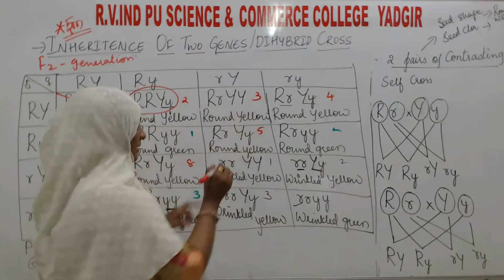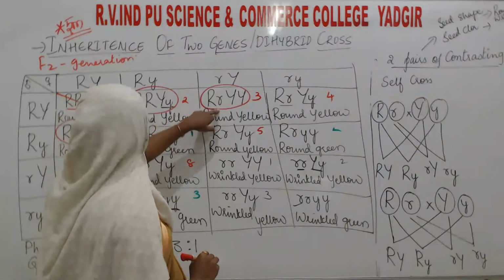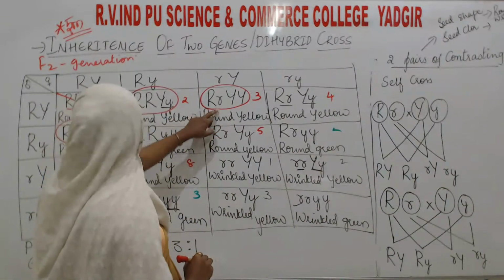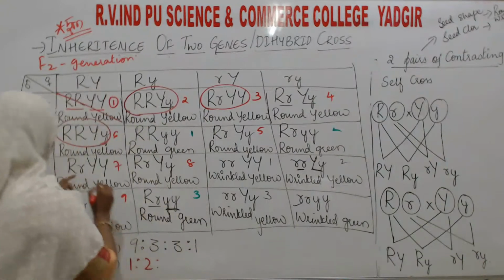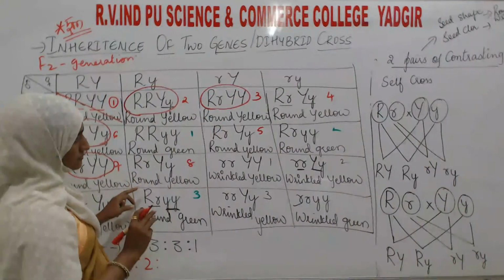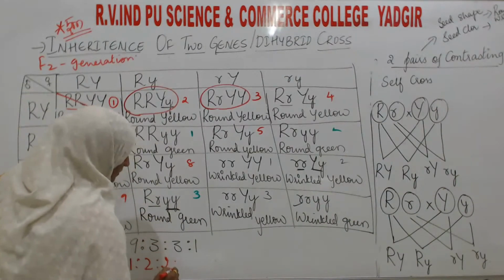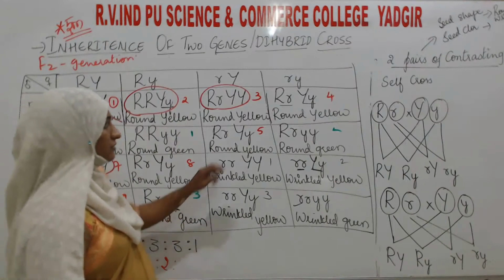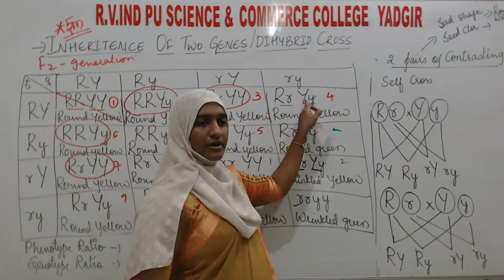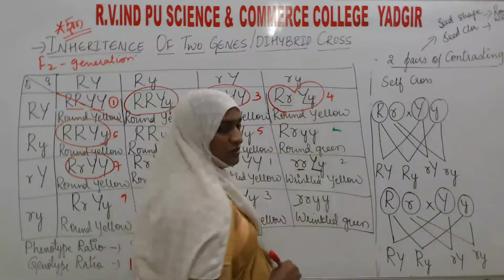Then next here, capital R, small r, capital Y, capital Y. How many are there? 1, then 2, then 2. Then comes capital R, small r, capital Y, small y. 1.